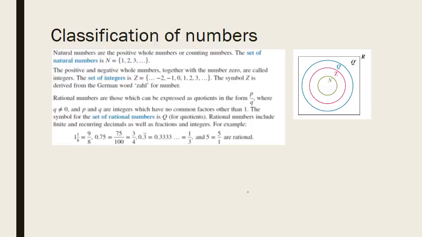Integers. Integers are any whole numbers, negatives or positives. Q represents rational numbers. Rational numbers are anything that can be written as a fraction. You can read the list for an example. And then Q dash would be anything that's not rational. And the last one is R. R means real. That covers pretty much all the numbers except for imaginary numbers, which in methods we're not going to go through.